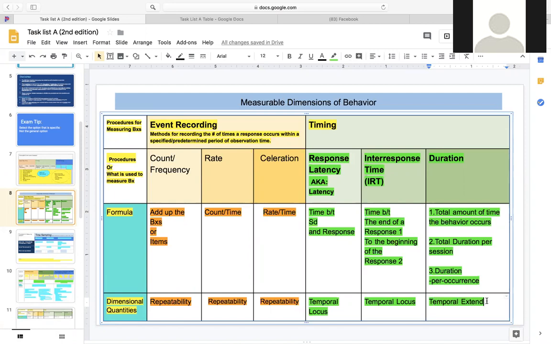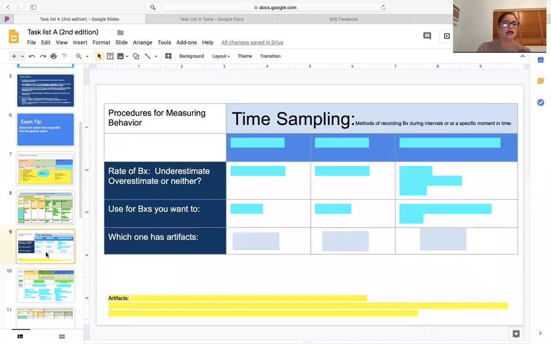It's temporal extent. So just remember, in timing, two are temporal locus, and the other one, duration, is temporal extent. That's the way I would suggest that you memorize it.